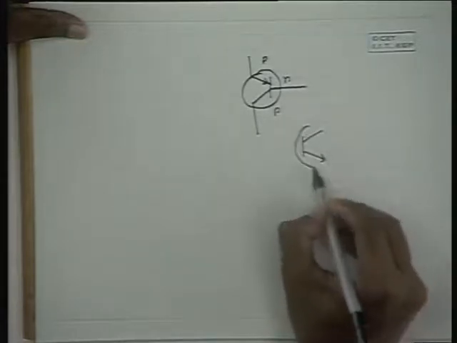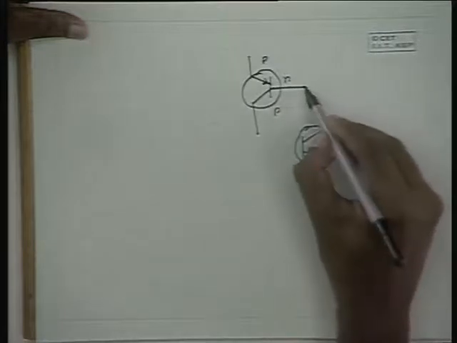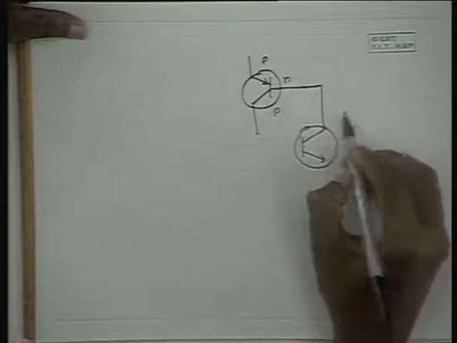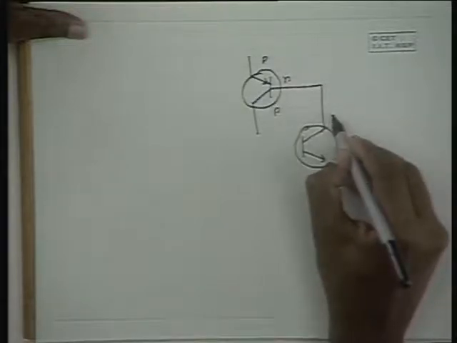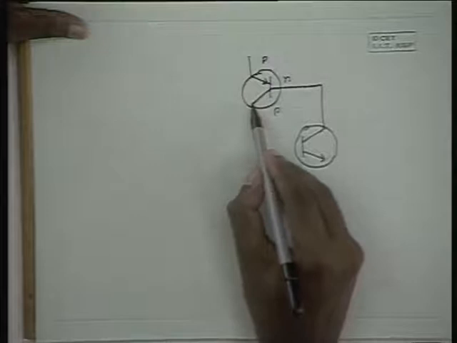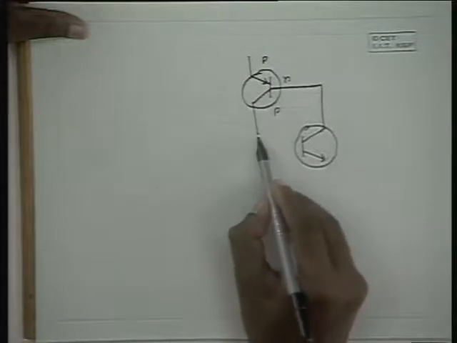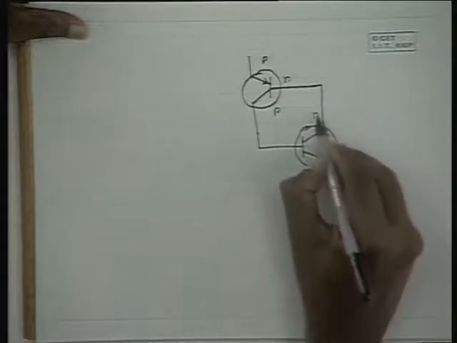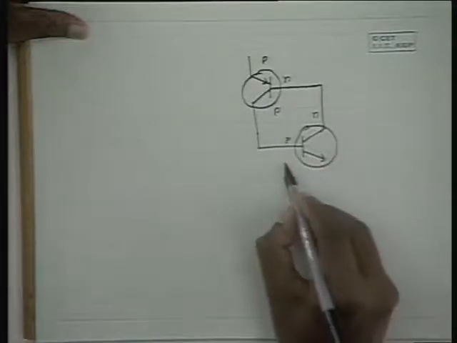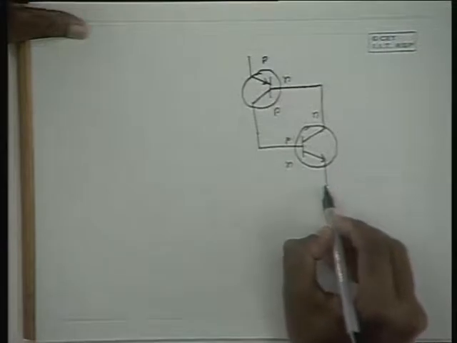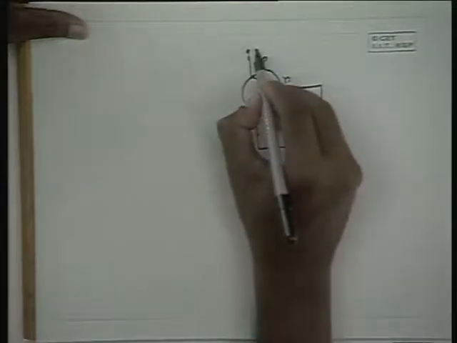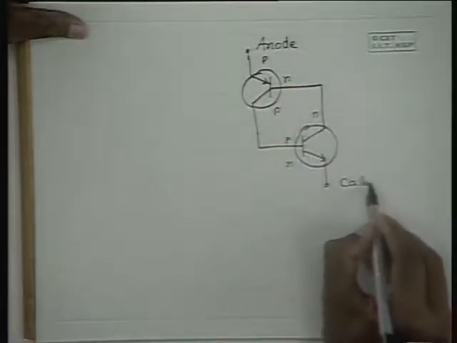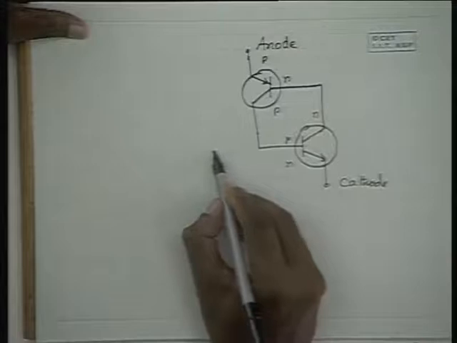The base of the PNP transistor is connected to the collector of the NPN transistor, and similarly the collector of the PNP transistor is connected to the base of the NPN transistor. And this is the anode, this is the cathode, and this is the gate.